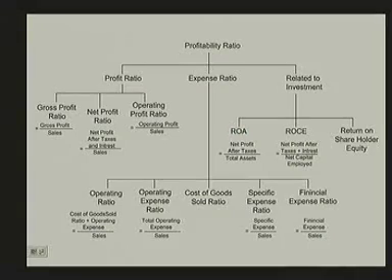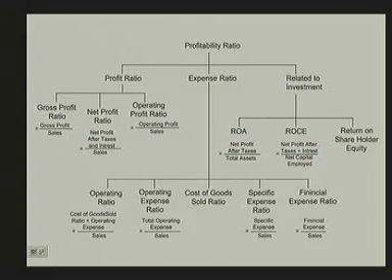For example, in profit ratios you have, I know this slide is not that clear, but I will be sending you these slides, the gross profit ratio, which is the ratio between gross profit and sales. The net profit ratio is the ratio of net profit after taxes and interest to sales.